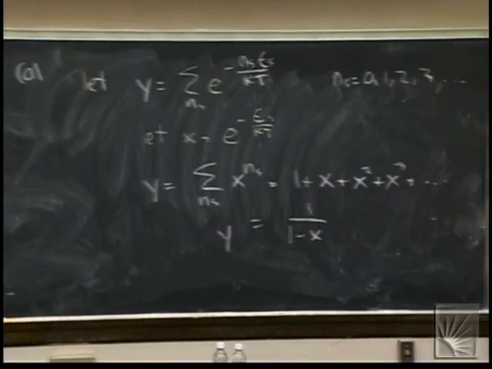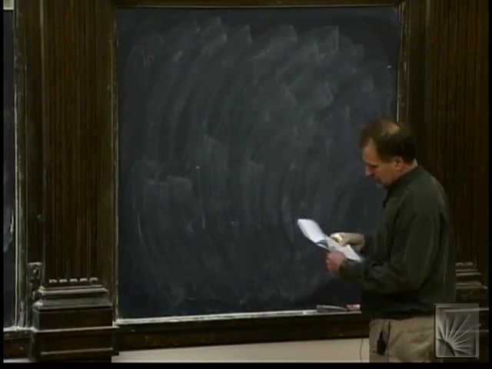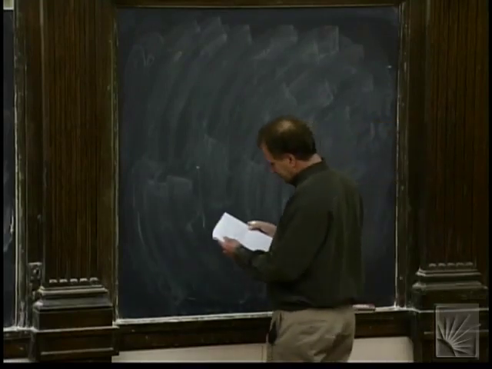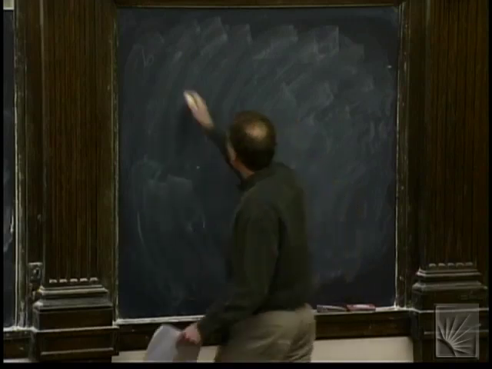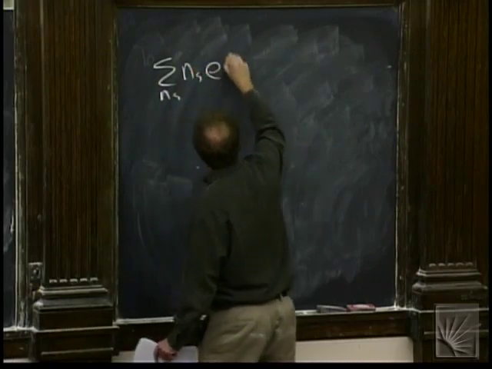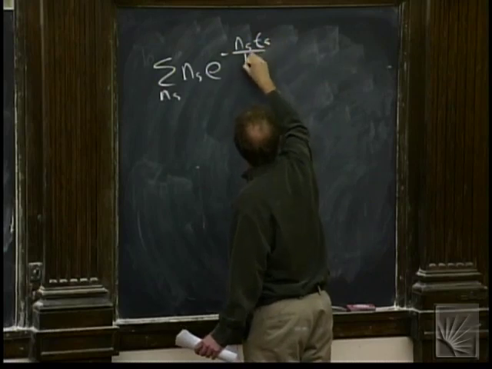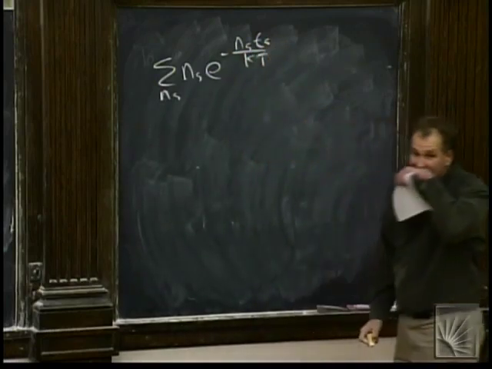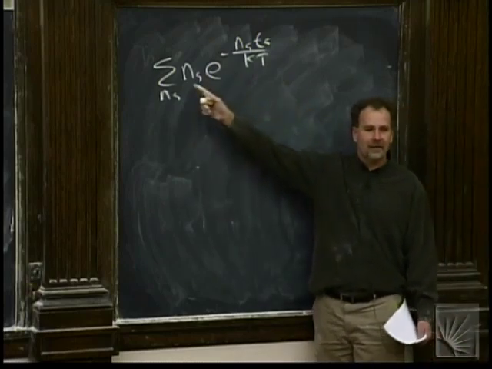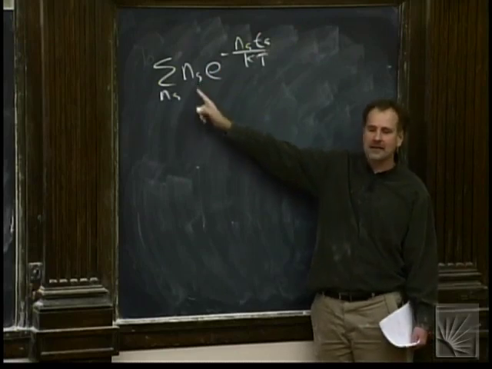Now, what was the second bit of trickery? What is that? That looks like, how am I going to evaluate that? Because I found this trick to do the thing without the ns, but here I have the ns.